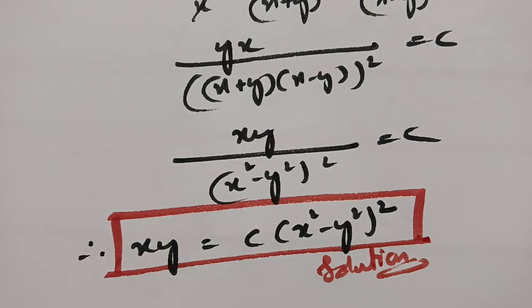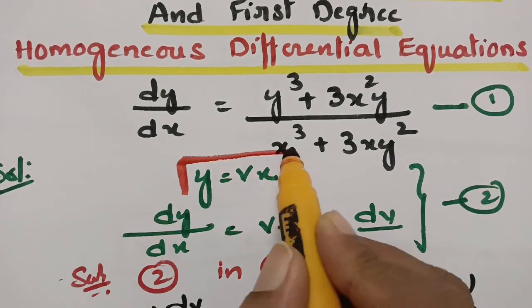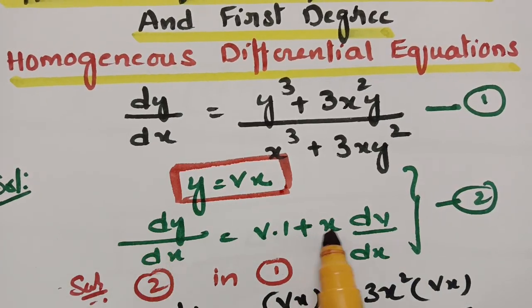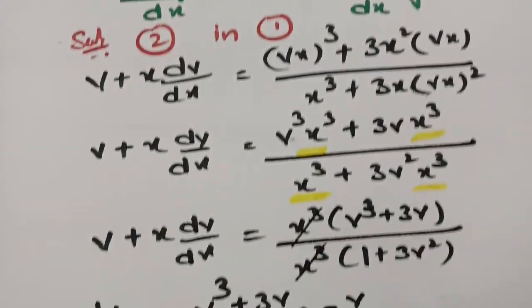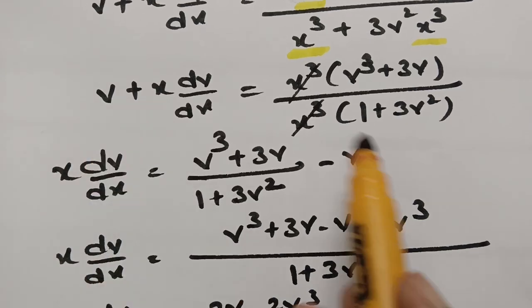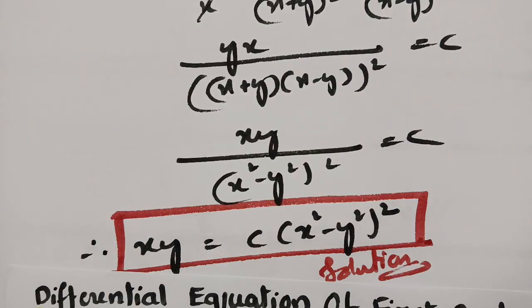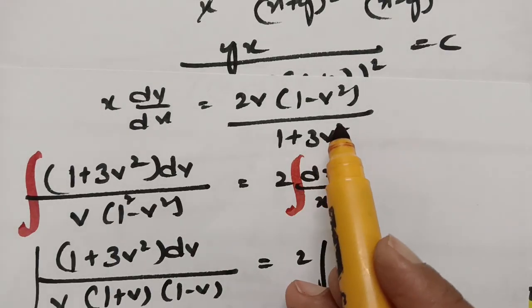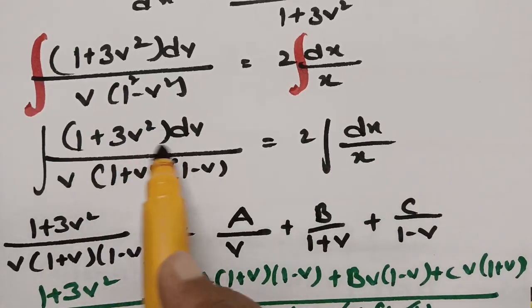For the given homogeneous differential equation, as it is so simple, one after the other the steps are so simple. So here is the substitution, put y is equal to vx, and obviously dy by dx value is this one, so I replaced 2 in 1, and after substituting I have taken x cube common and have cancelled, and I have sent this plus v to the other side, and after the variable separable method, separating the variables v to one side and x to one side, integrating on both sides, and here is the partial fractions.